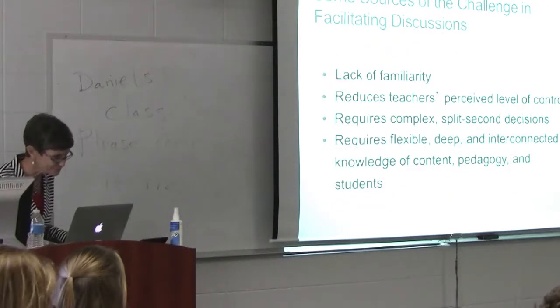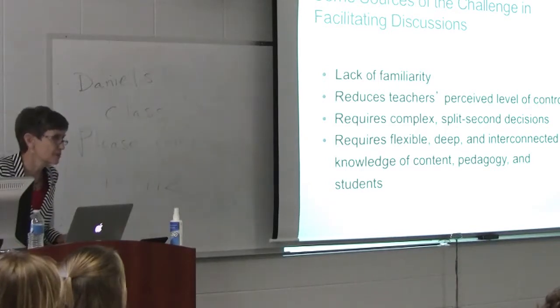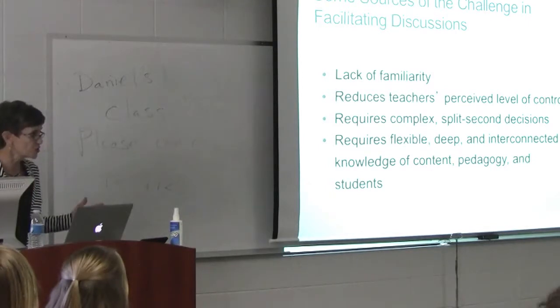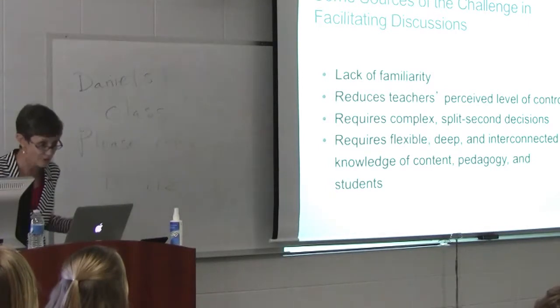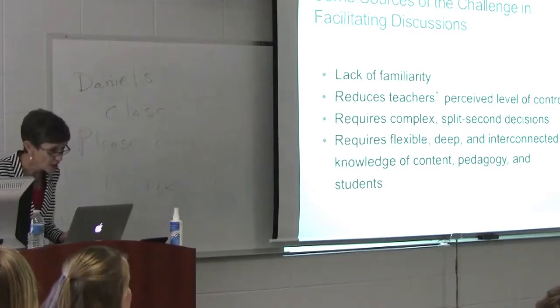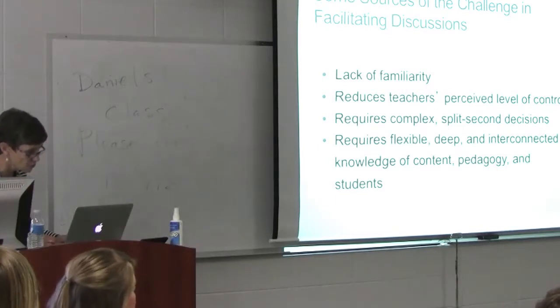So when you describe it that way, you go, how do we expect people to be able to do this? Some of the sources of challenge come from lack of familiarity. A lot of times we're asking teachers to engage in a practice which they never got to engage in when they were learners of math or science. And it reduces teachers' perceived level of control.